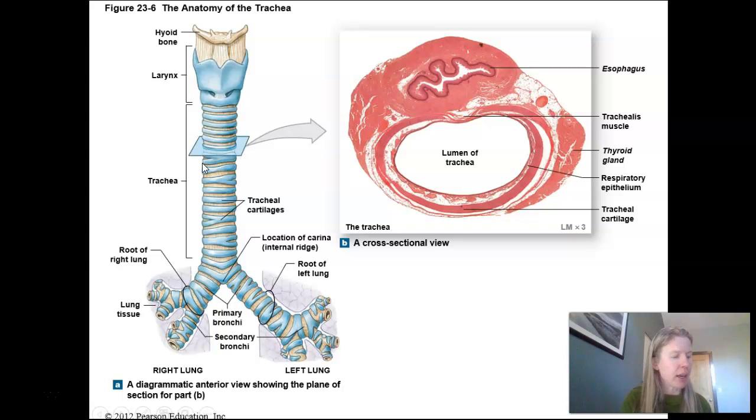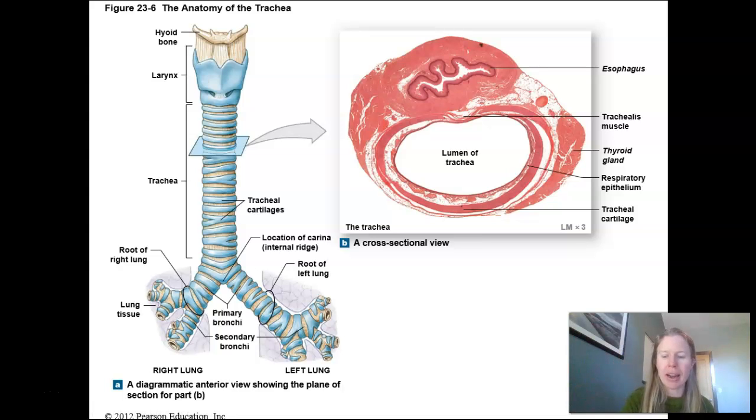So down into the trachea, this is a nice cross section, right? So if you zoomed in closer, we would actually be able to see this tracheal cartilage. It's actually hyaline cartilage that you would recognize. And then if we zoomed in again, we would see that pseudostratified ciliated epithelium, right, lining the trachea. Really the trachea, this whole portion, right, is really this conducting system.